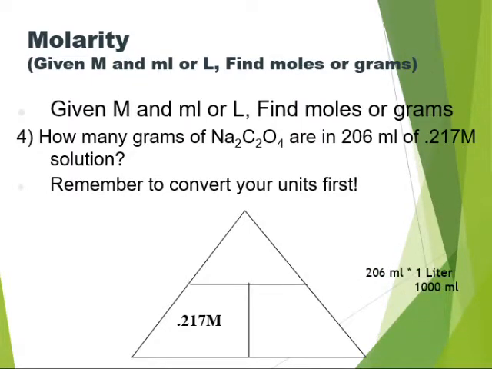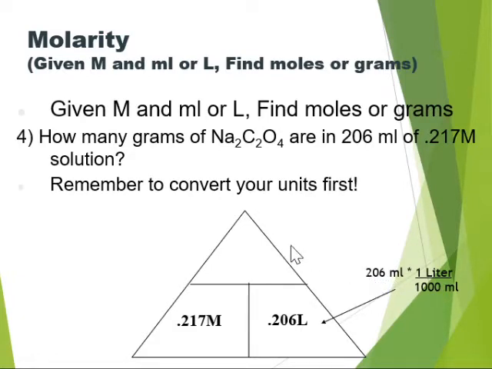But we are going to have to convert our milliliters into liters. You cannot plug in milliliters. So 206 milliliters divided by 1,000 gets you 0.206 liters. Or for those of you who just like to move the decimal, 1, 2, 3.